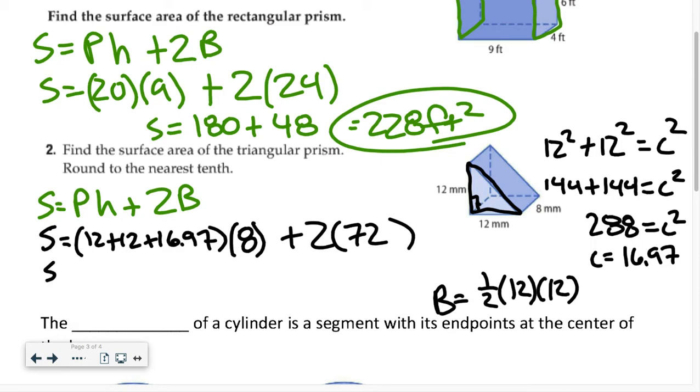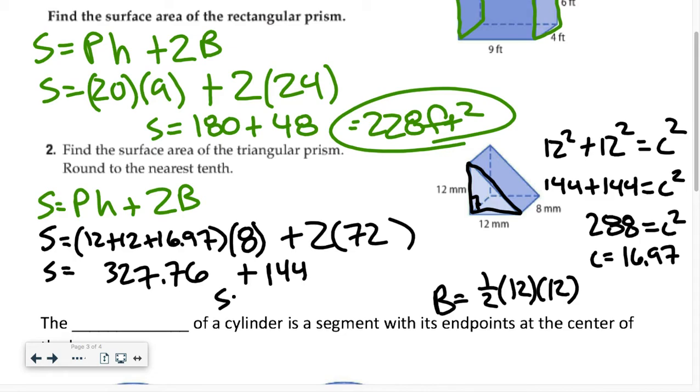So surface area equals 12 plus 12, 24, plus 16.97. You can kind of plug it all in your calculator at once, or just use order of operations, parentheses, multiply. That's correct. So just plugging this in, times 8, you get 327.76, plus 2 times 72, 144.